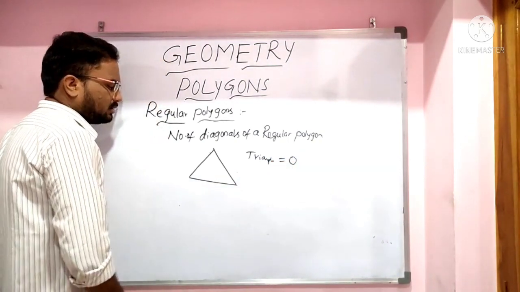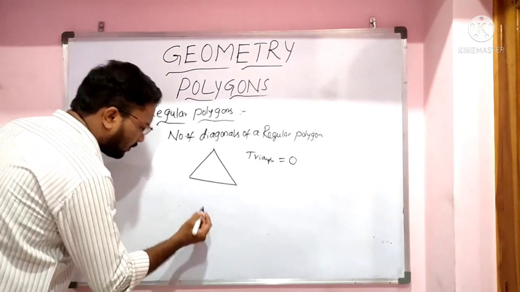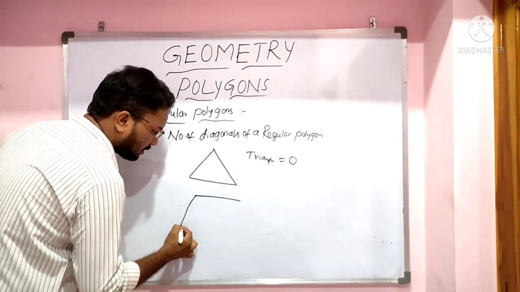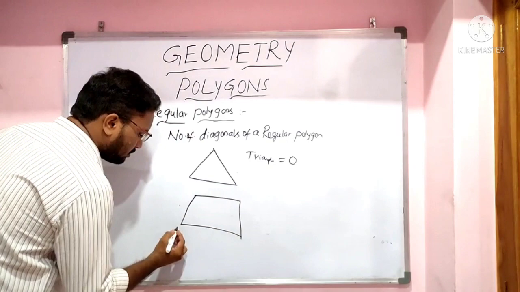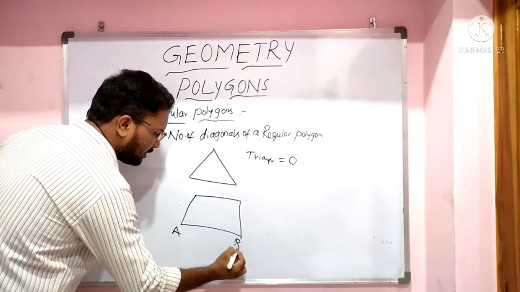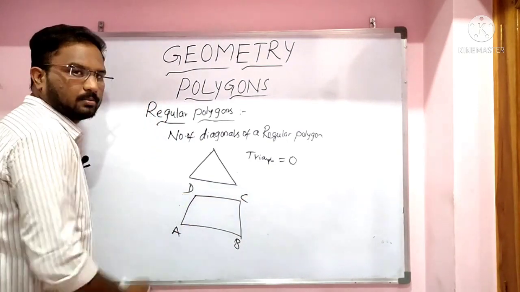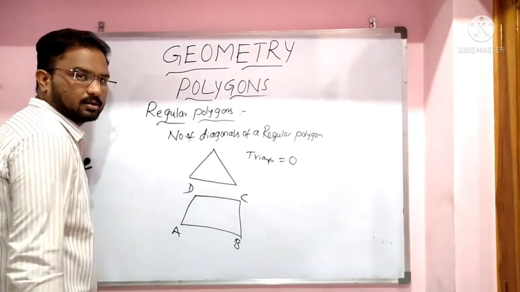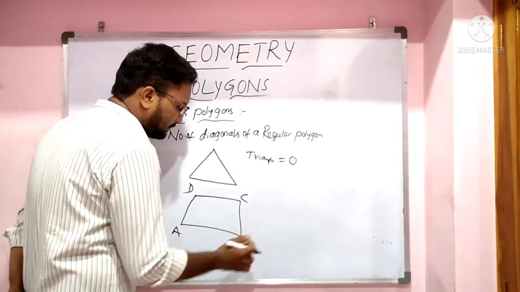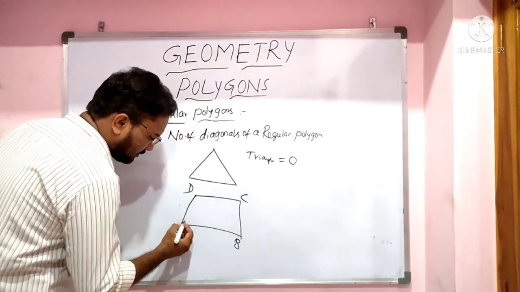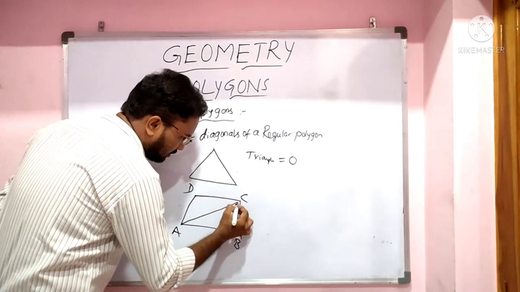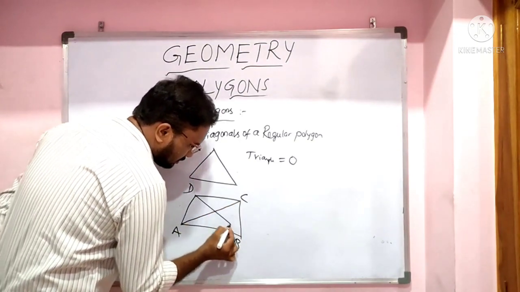And if I take a quadrilateral, here A, B, C and D, the number of diagonals equals this one and this one.